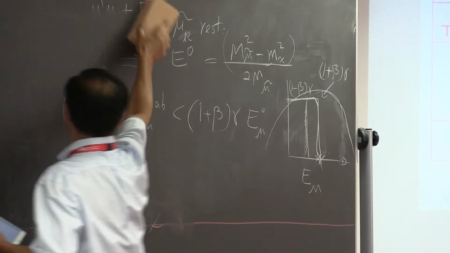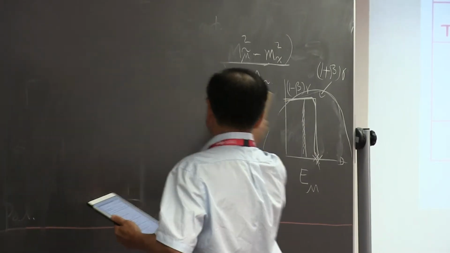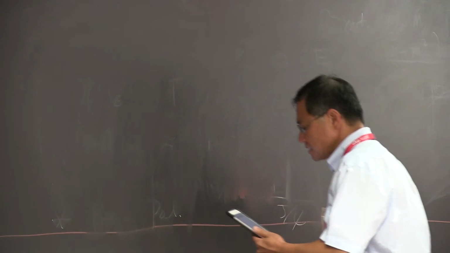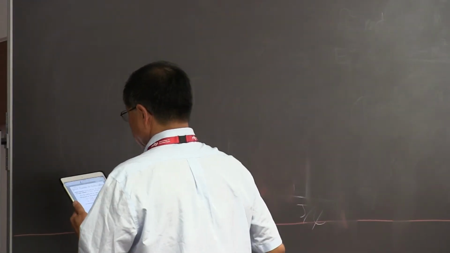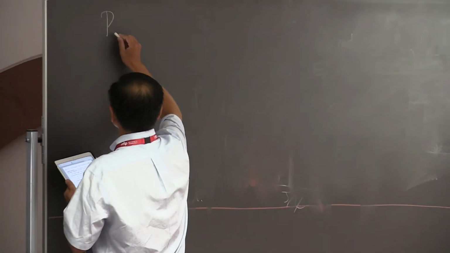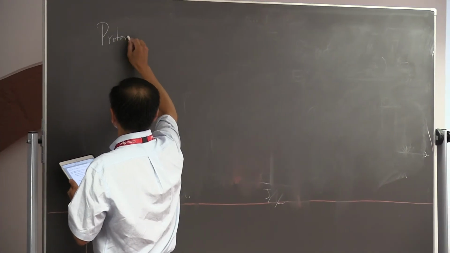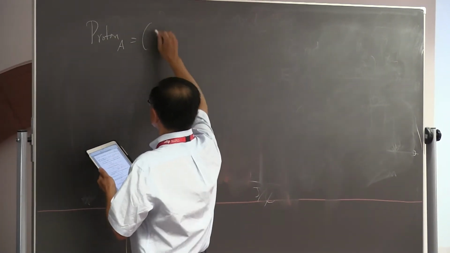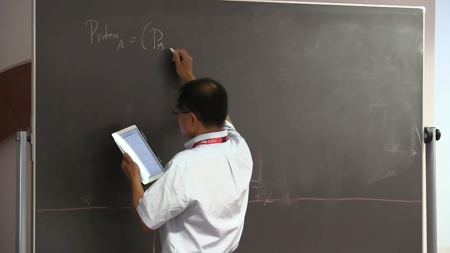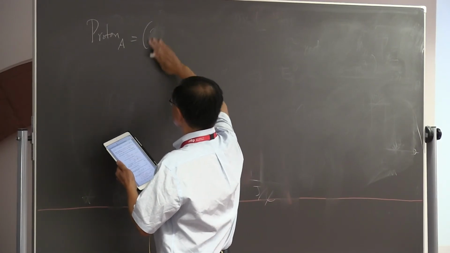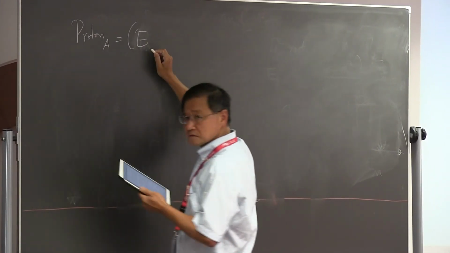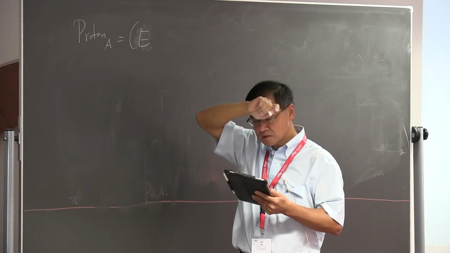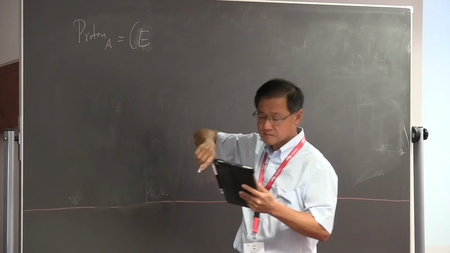Now let's look at why this is so. Okay. The reason is that even if you have a proton beam A to have the momentum well defined up to something like a 10 to the minus 3 level, beam energy spread. Okay.